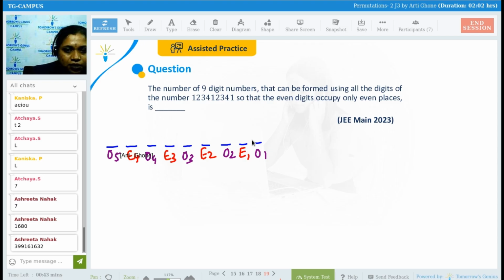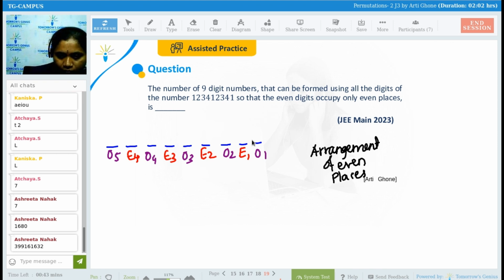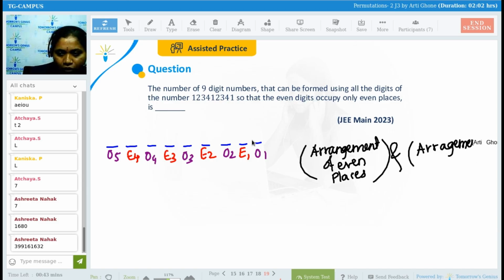So I'm just giving you the hint. Arrangement of even places and arrangement of odd places. Both are done together, no? So what will be the answer?